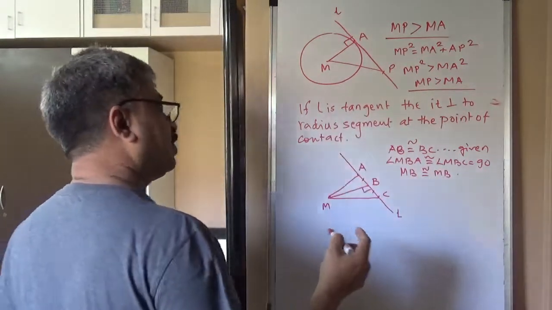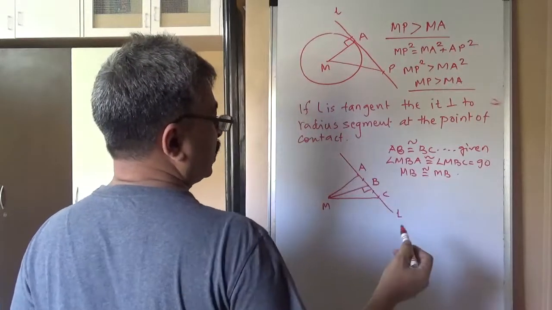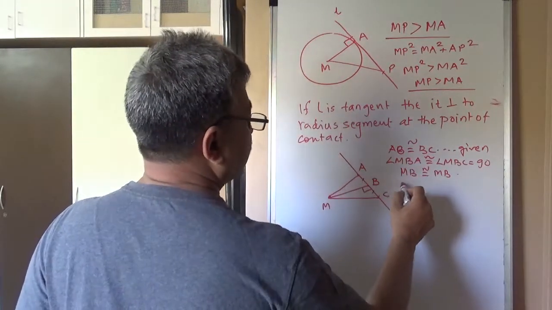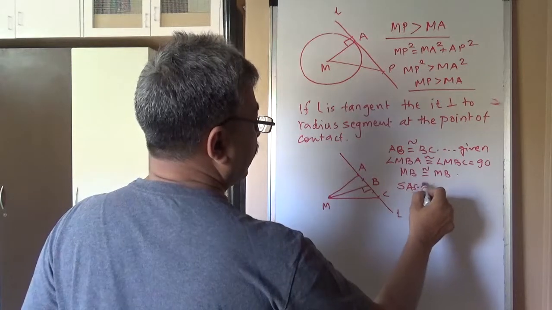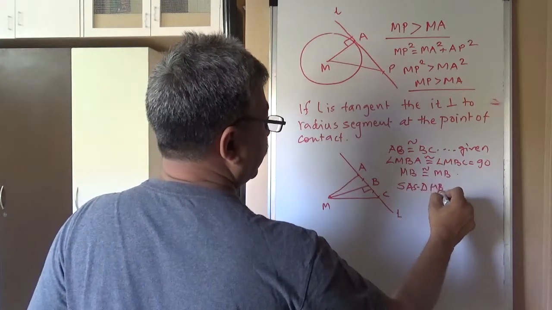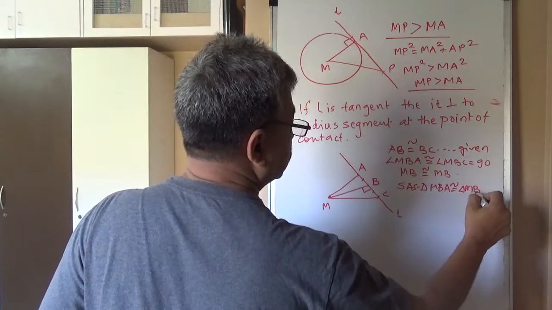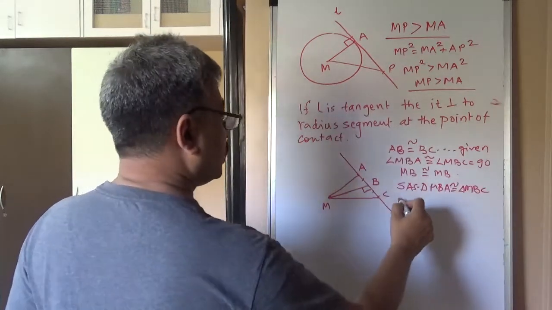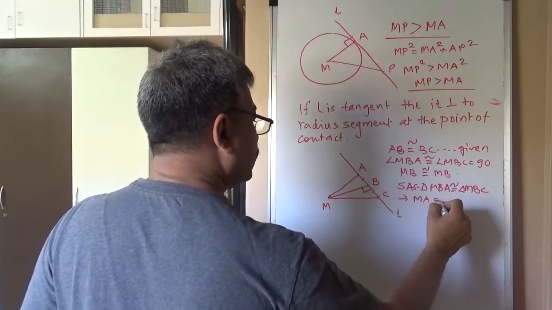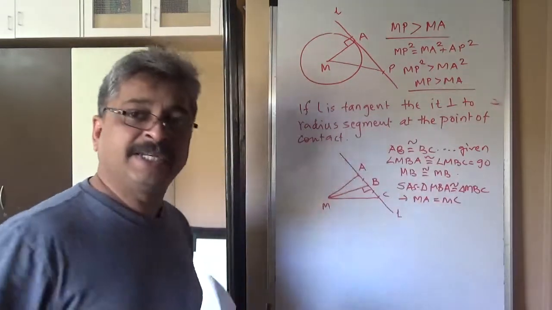Therefore, by which theorem are these two triangles congruent? It is by SAS. Triangle MBA is congruent to triangle MBC, which gives us MA equals MC by CPCT.